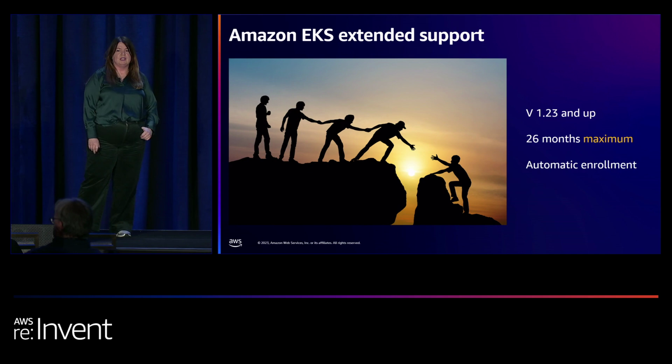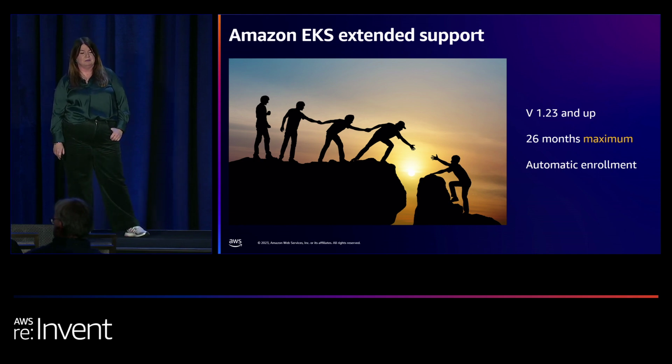Now with Kubernetes, the support lifecycle comes from the Kubernetes project. And that's why EKS follows that same lifecycle. At the start of this talk, I mentioned that we supported each Kubernetes version for 14 months.